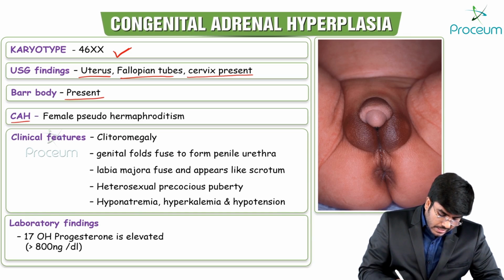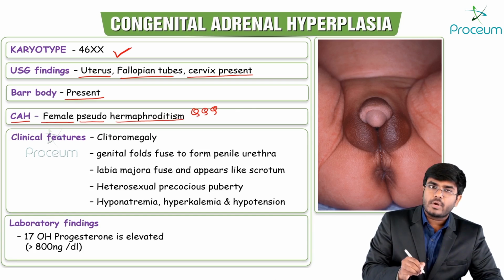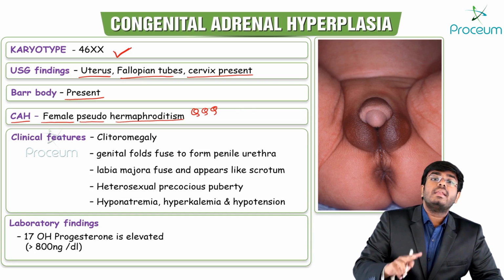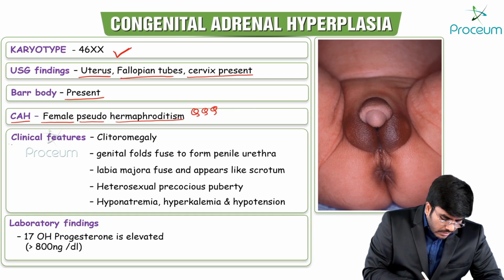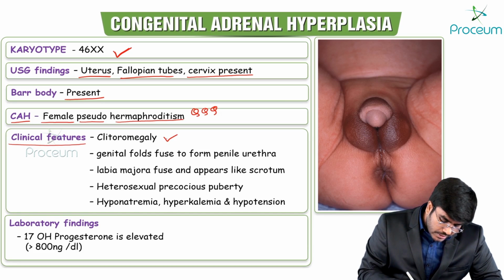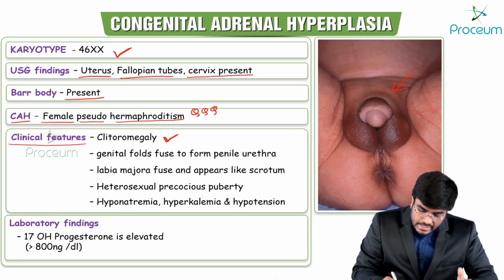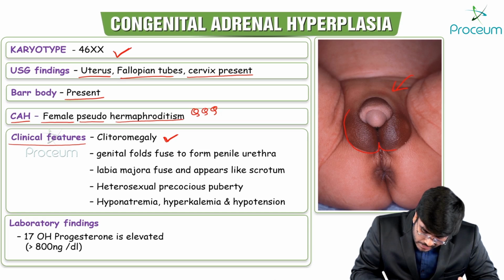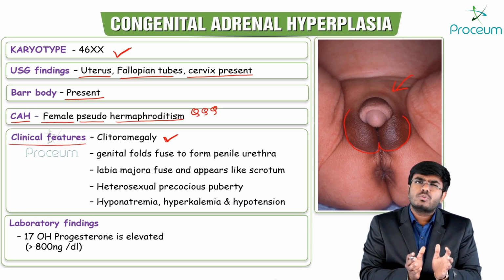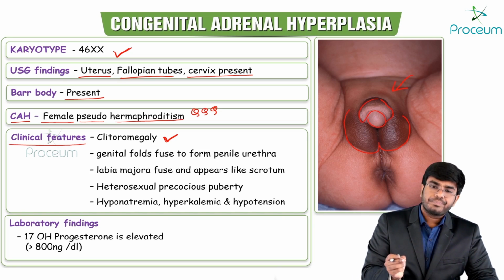Congenital adrenal hyperplasia is a condition of female pseudohermaphroditism. This I will explain later in a later slide. Please keep this point in mind. What are the clinical features? Because of these excess androgens, this female will have clitoromegaly. Here you can clearly see in this female child, there is labial fusion and it looks like a scrotum, and the clitoris is enlarged and looks like a small penis.